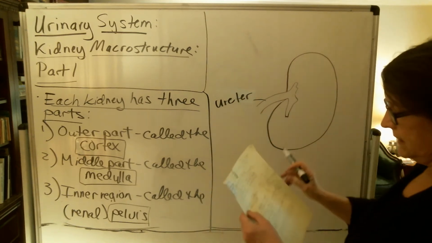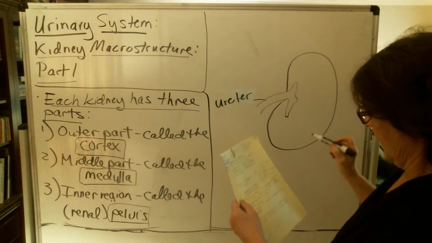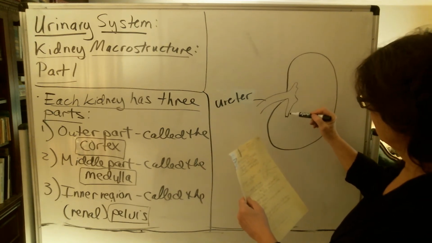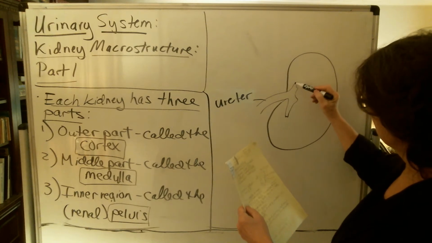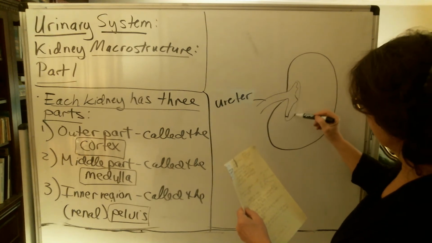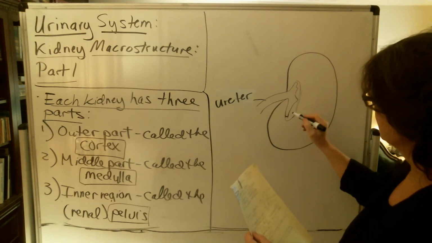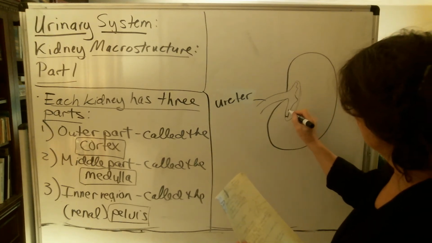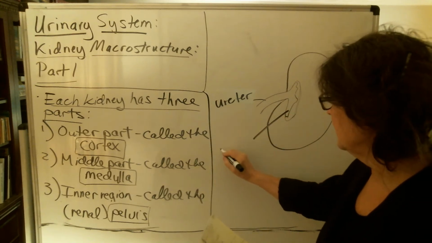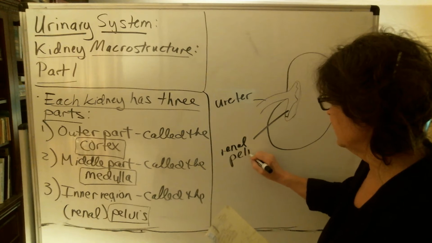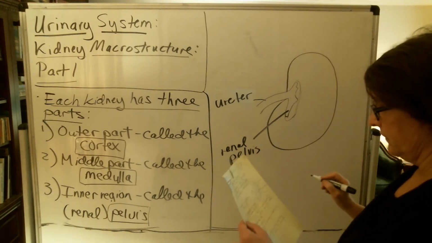This obviously is a kidney. And so then we have this area here, which is a little bit more of shape like this. But there's going to be various details here that I'm leaving out. But this now is the renal pelvis, often just referred to as the pelvis.